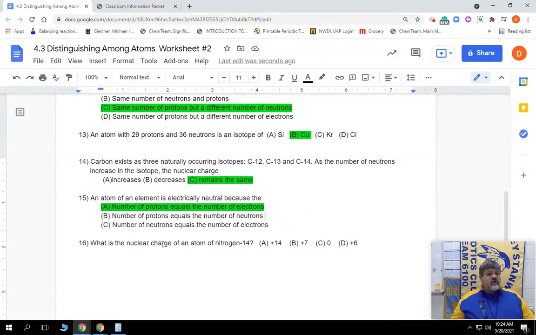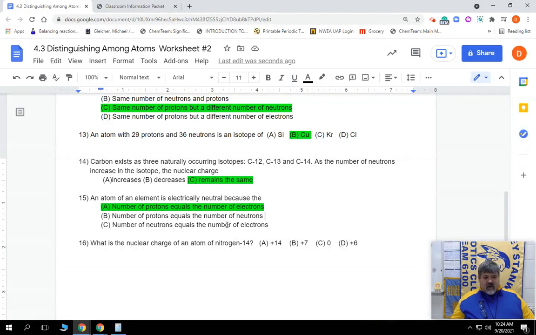Okay. What is the nuclear charge of an atom of nitrogen 14? Now here we're talking about the nuclear charge. Okay, 14, 7, 0, plus 6. Well, let's find nitrogen and see what its atomic number is. That atomic number tells us how many protons are in the nucleus, and since protons have a charge, those are the ones that we're looking at.